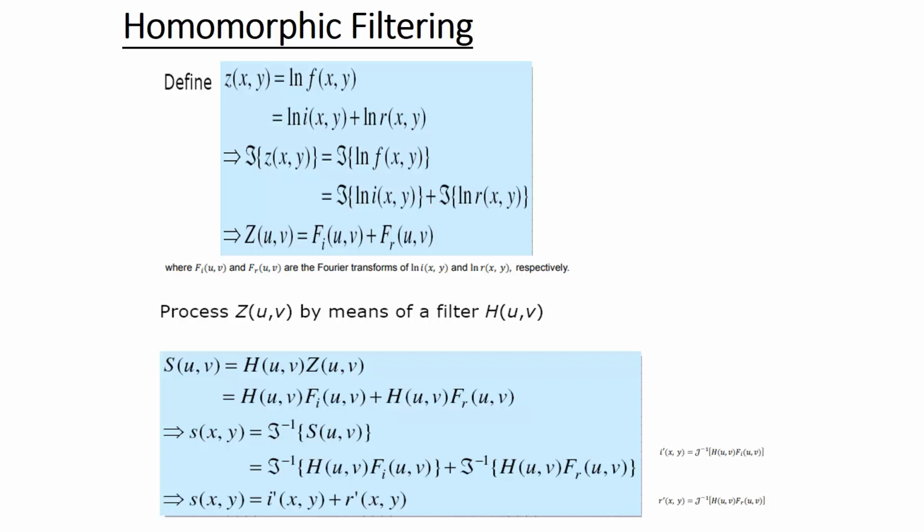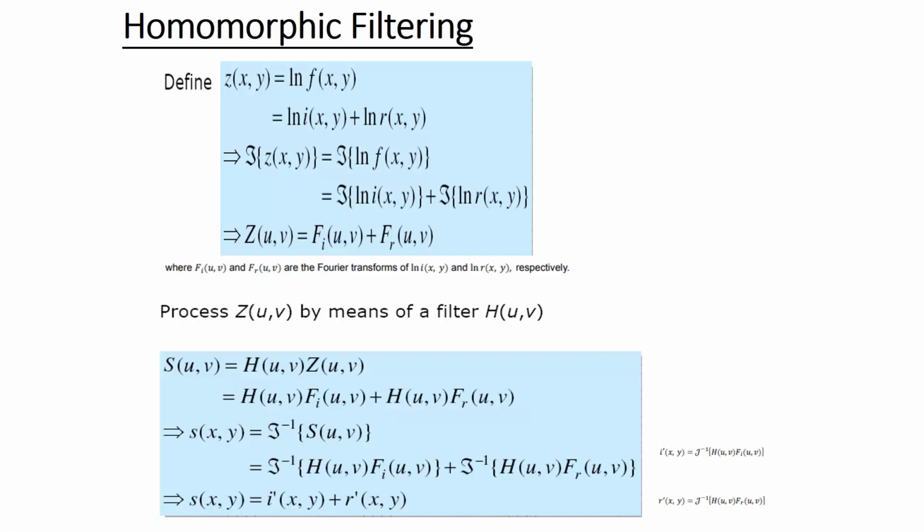Now the Fourier transform of z of x comma y is equal to the Fourier transform of ln i of x comma y plus the Fourier transform of ln r of x comma y. So Z of u comma v is equivalent to the Fourier transform of ln i of x comma y, which is F i of u comma v, and the Fourier transform of ln r of x comma y, which is F r of u comma v.